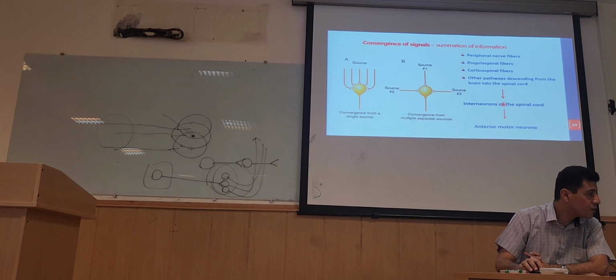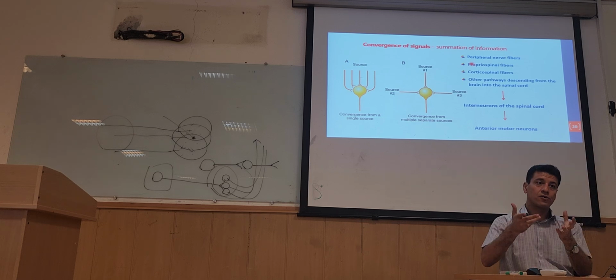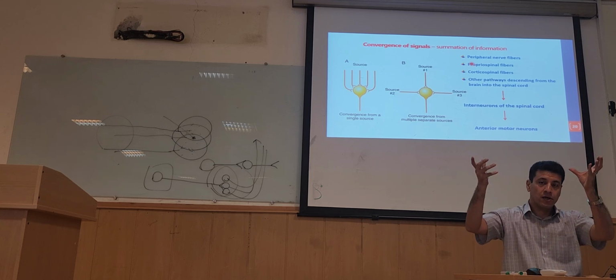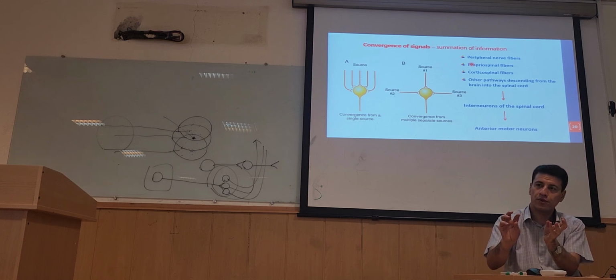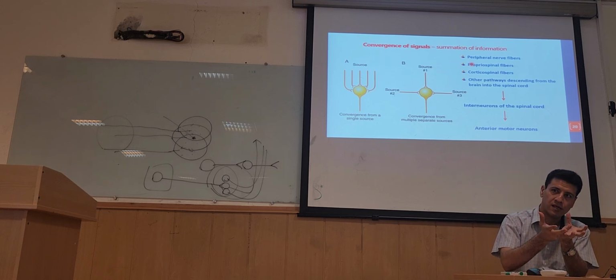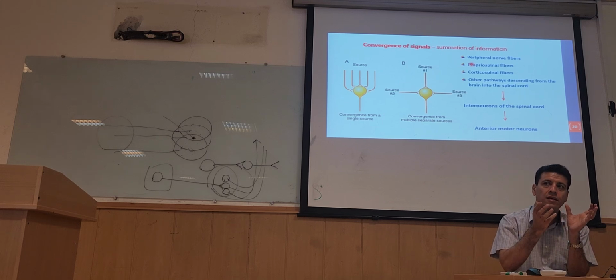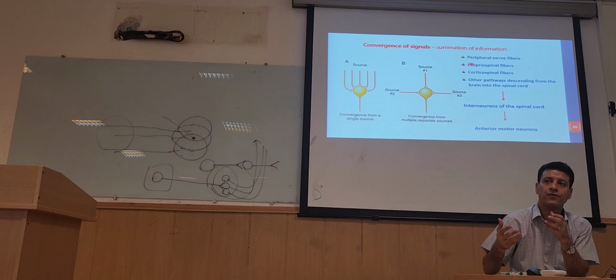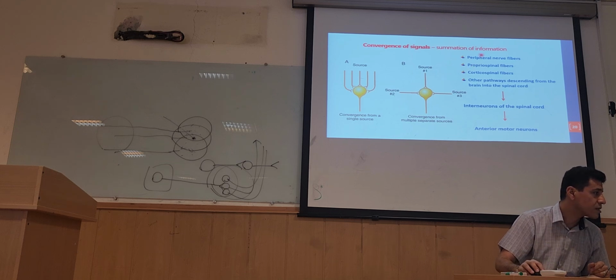But these interneurons receive fibers from peripheral nerve fibers, propriospinal fibers, corticospinal fibers, and other descending pathways. So from several sources, signals come to the interneurons, which carry the signal to the motor neuron. So we have a combination of these signals. We call this integration. So it's a convergence network or convergence circuit. Okay? Convergence from different sources.